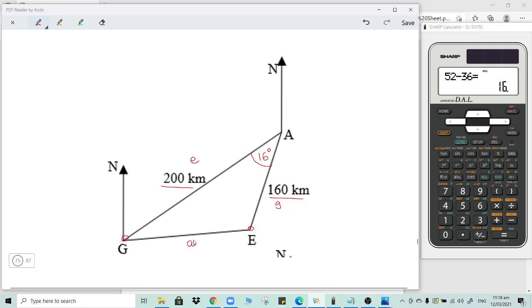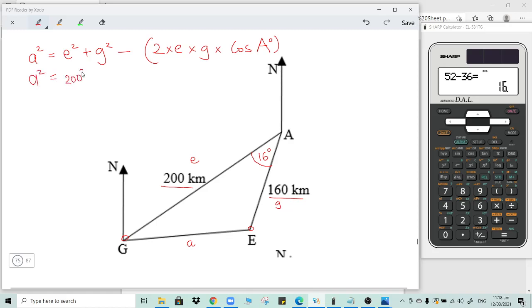So we're trying to find side A. A squared is equal to E squared plus G squared minus open brackets 2 by E by G multiplied by cosine capital A. Let's plug in the values here. A squared, how much is E? 200.